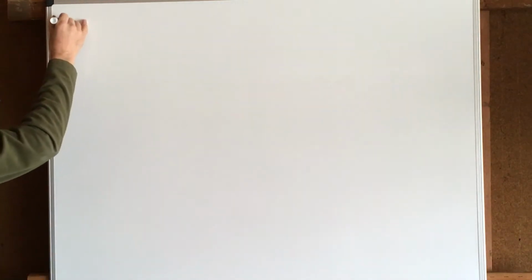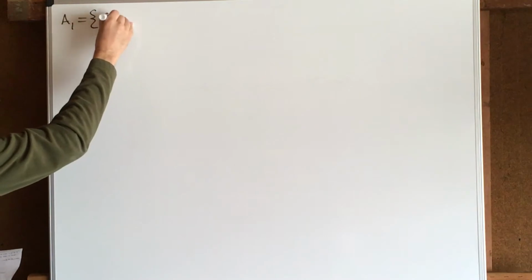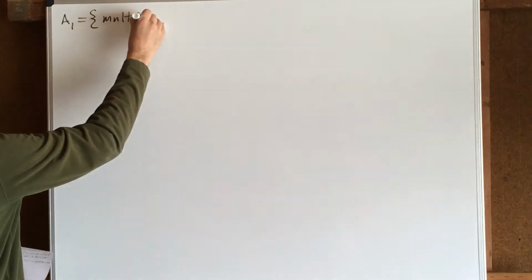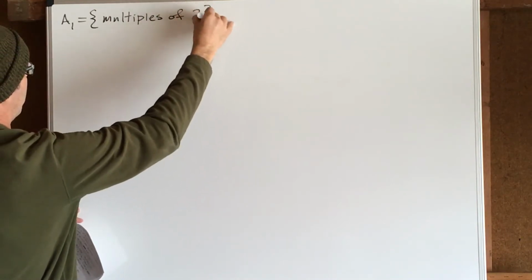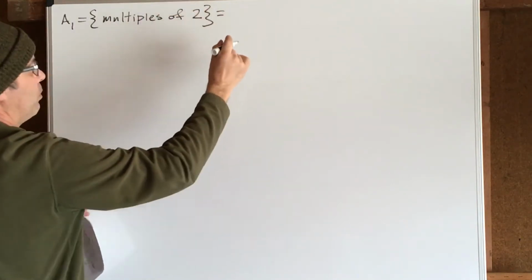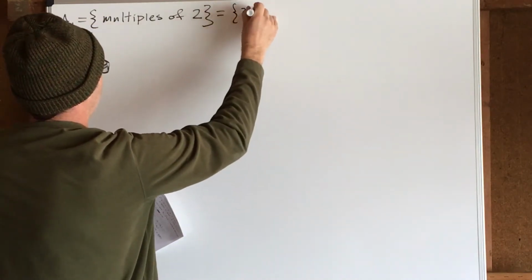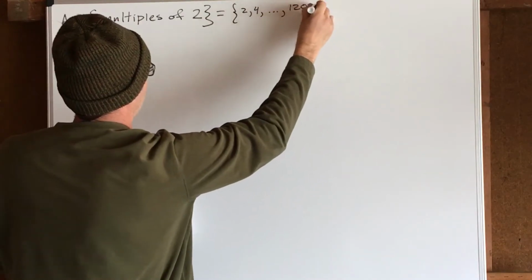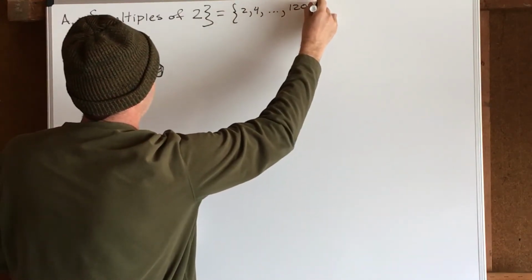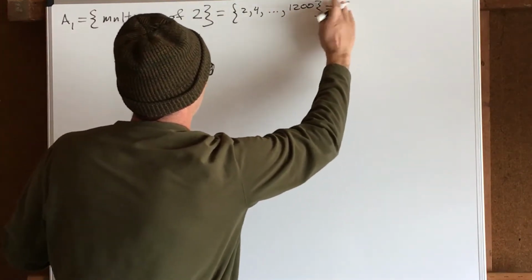So we're going to say A1 is multiples of 2: 2, 4, and so on, up to 1200. So it's multiples of 2 from 2 to 1200.